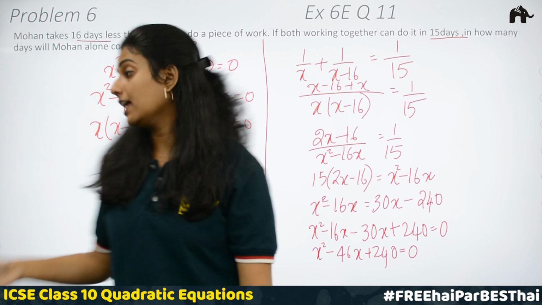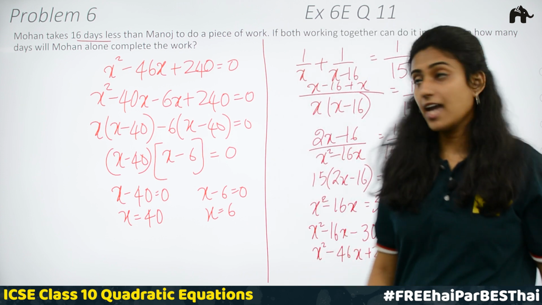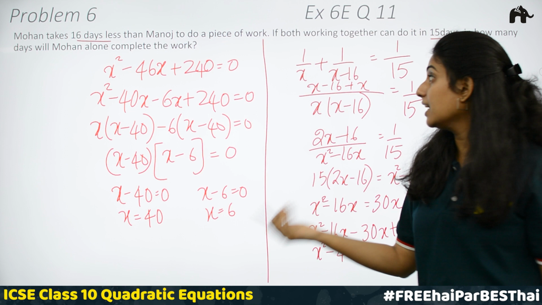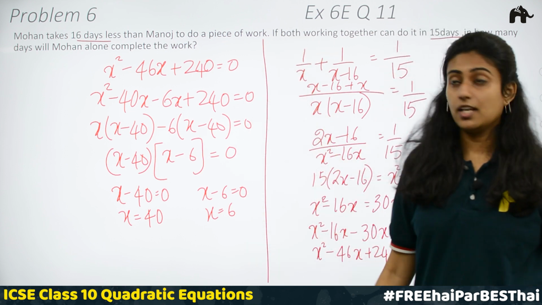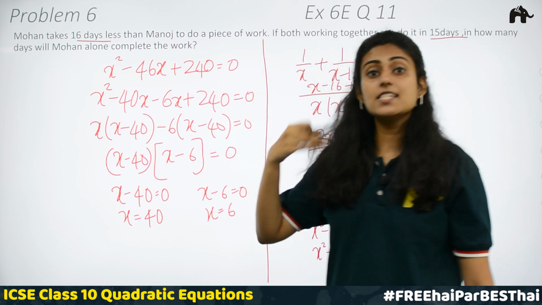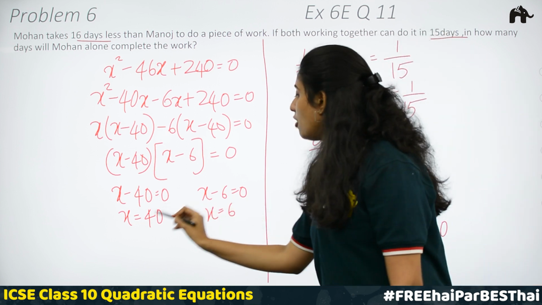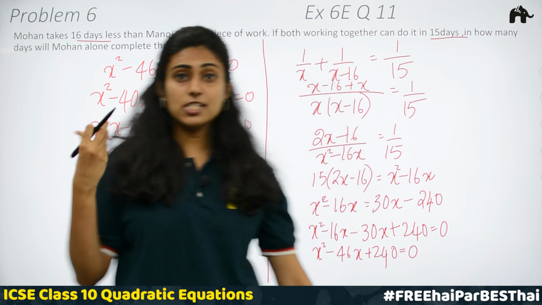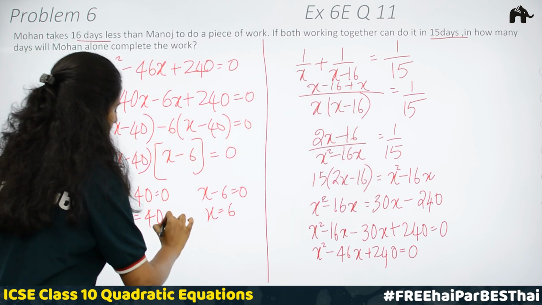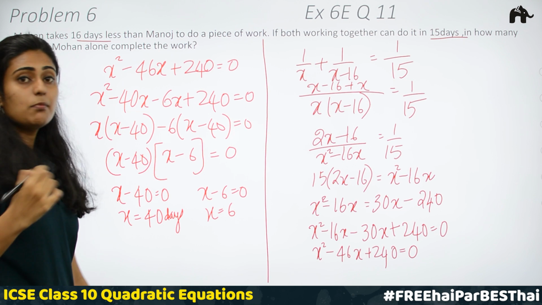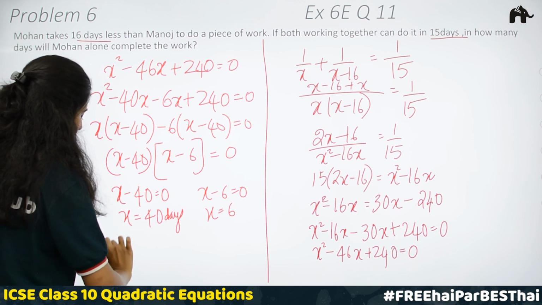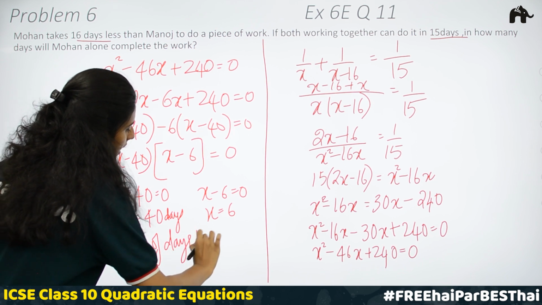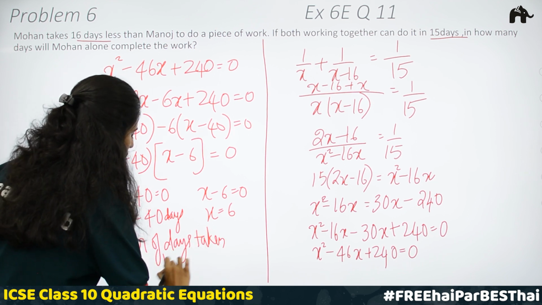Now we need to check if both these values are acceptable. Okay, x is the number of days taken by Manoj. Number of days taken by Mohan is 16 days less. Here we have 40 and 6. When Manoj takes 40 days, what is the number of days taken by Mohan?